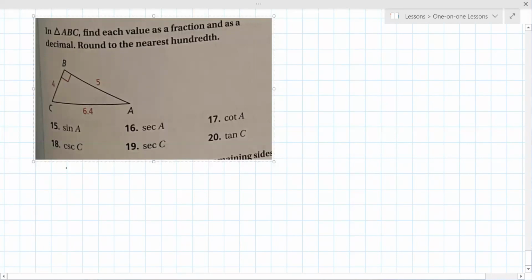So the sine of A, let's do 15. The sine of A, it's the opposite over the hypotenuse. So that's 4 over 6.4.